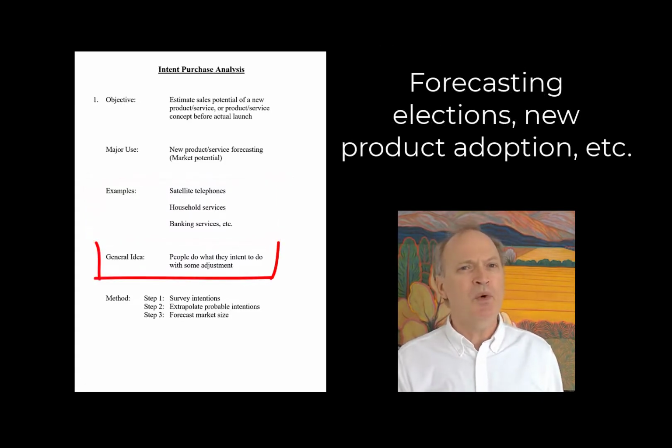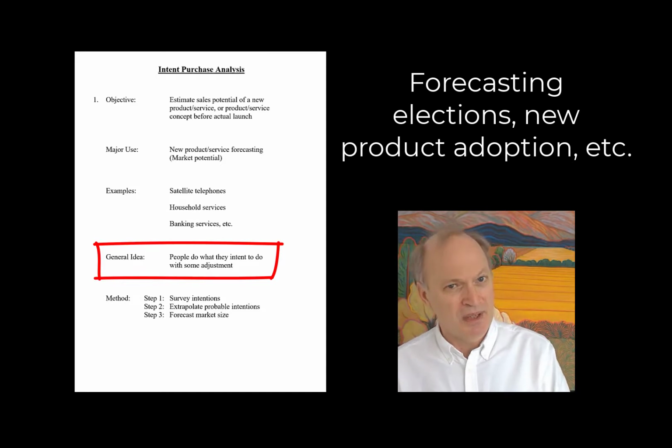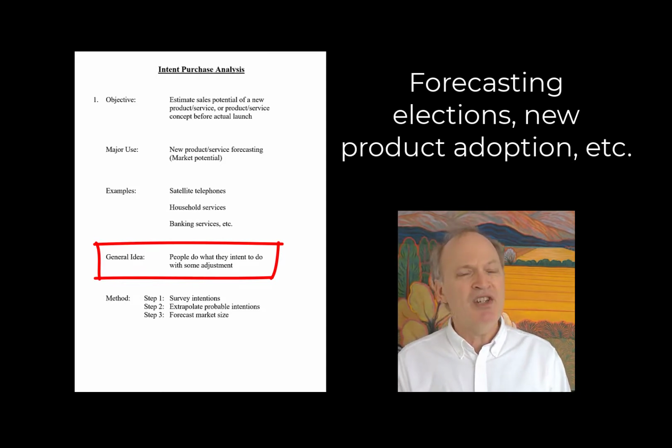People do what they say they intend to do. However, we need to make some kind of an adjustment, because often when people tell you, yeah, sure, I'll buy your product, there's an inherent bias to the answer to that question. No matter how many times you re-ask the question, the sampling error will be the same, but the bias may be huge in the response to that question.